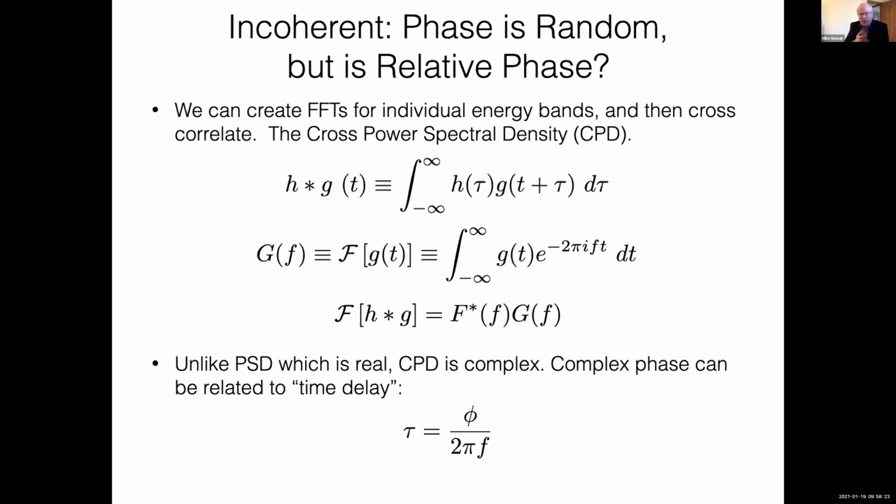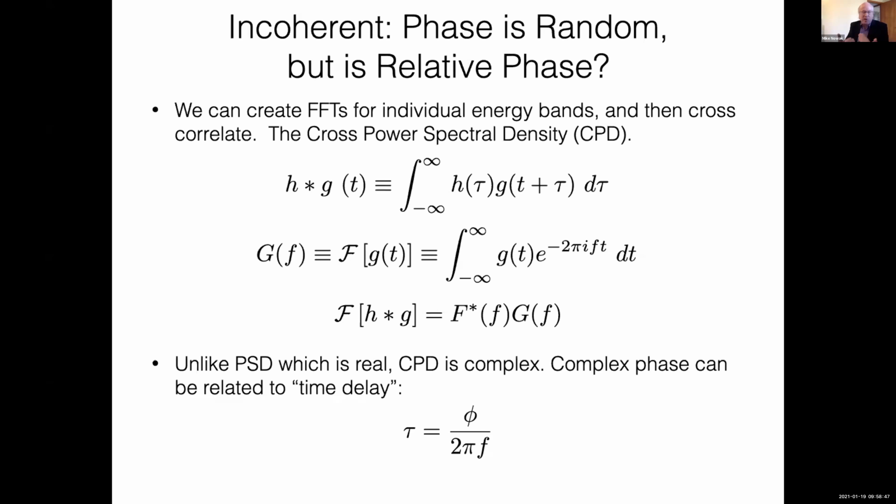And so rather than looking at the amplitude of the power spectrum, I can look at the amplitude and phase of the cross power spectrum. Again, I'm basically just doing a correlation between the two energy bands. And then if I do that in Fourier space, I'm taking one Fourier transform, taking its complex conjugate, multiplying by the other Fourier transform.